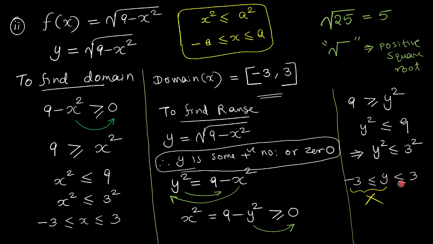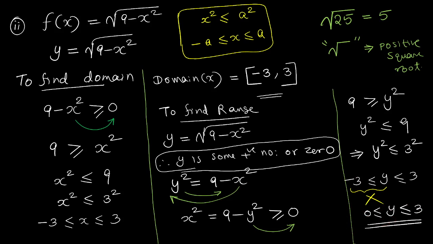Only this part is to be considered. So y is less than or equal to 3. This portion is removed. 0 onwards, no issue. So the value of y is from 0 to 3. Why did I reject negative values? Because y should be a positive number or 0. So 0 onwards is possible, but no negative value.